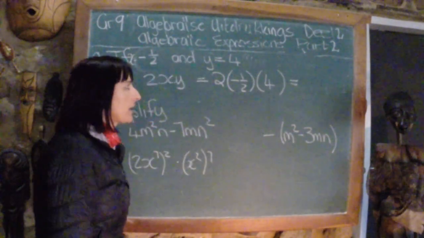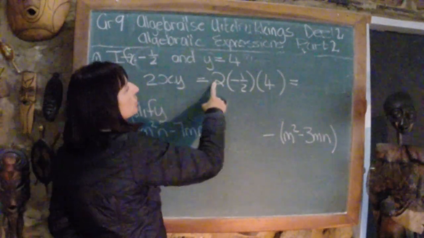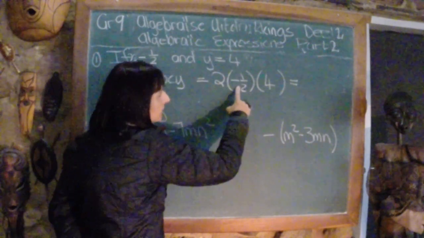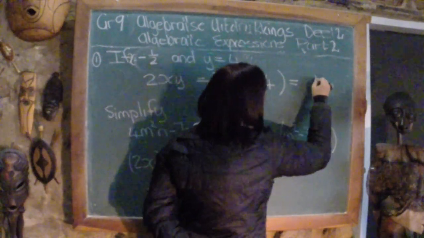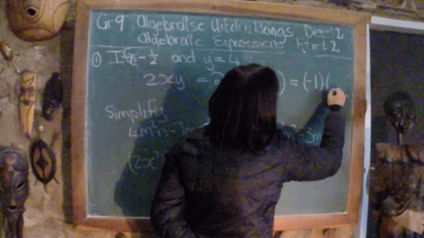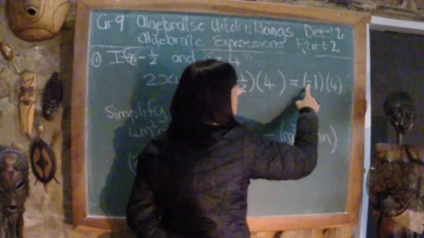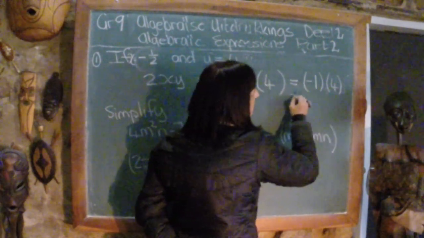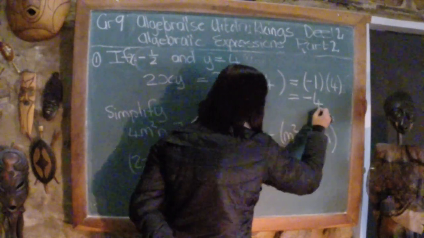And now I'm going to calculate. 2 times minus a half gives me minus 1, times 4, and minus 1 times 4 gives me minus 4.